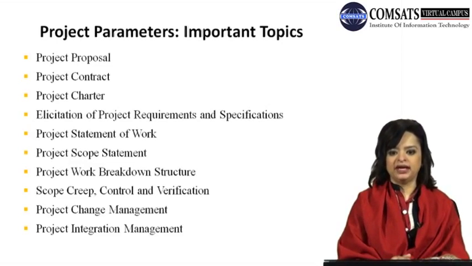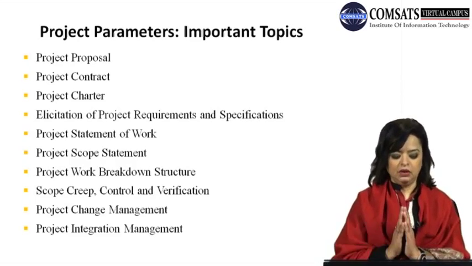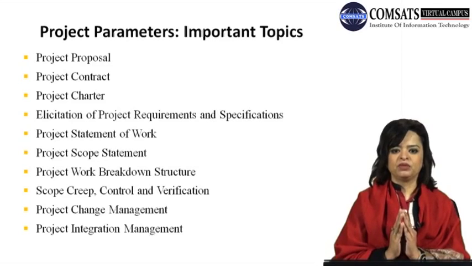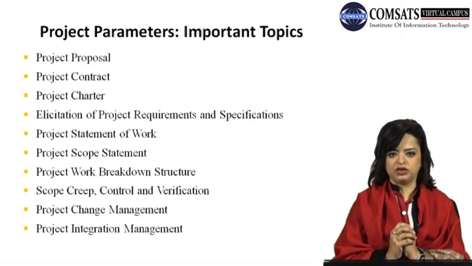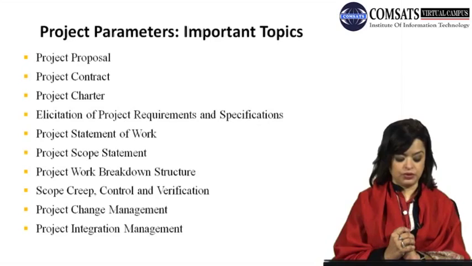It's a listing of all the activities that will take your project from point A to point Z. We can spend 2 presentations on project work breakdown structure, but because of time limitations, we will discuss the theoretical aspects and then get into more detail in later courses. But we will definitely spend some time because of its importance in a project life cycle.